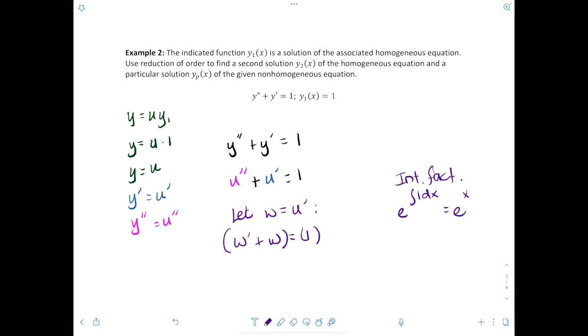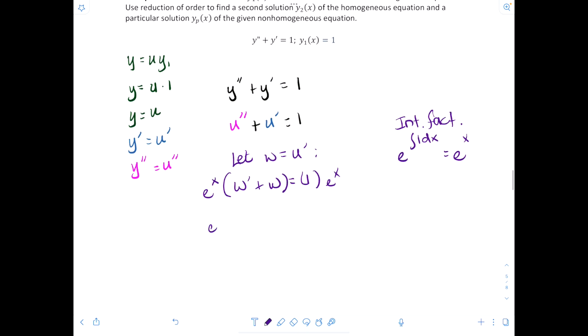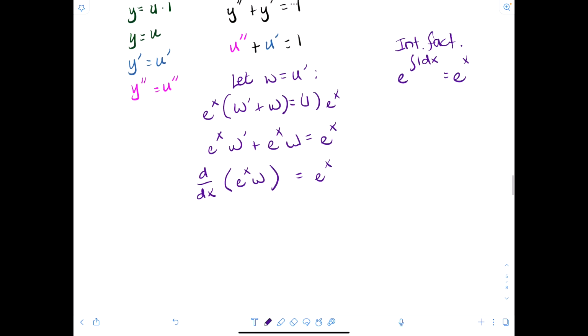Multiplying both sides by e to the x, we will have e to the x w prime plus e to the x w is equal to e to the x. This gives us d dx of e to the x times w, and that's still equal to e to the x.